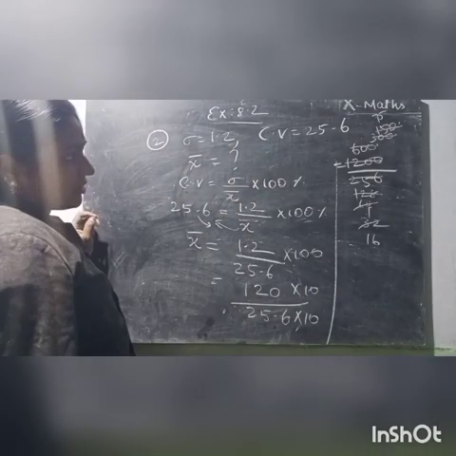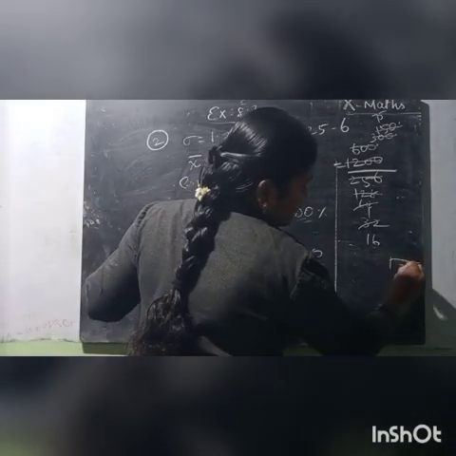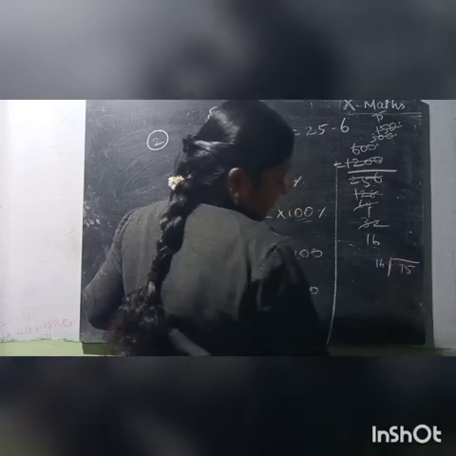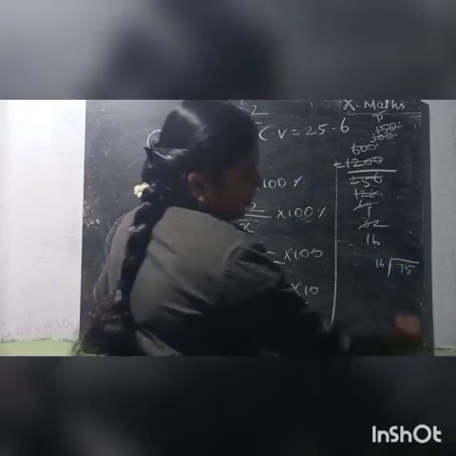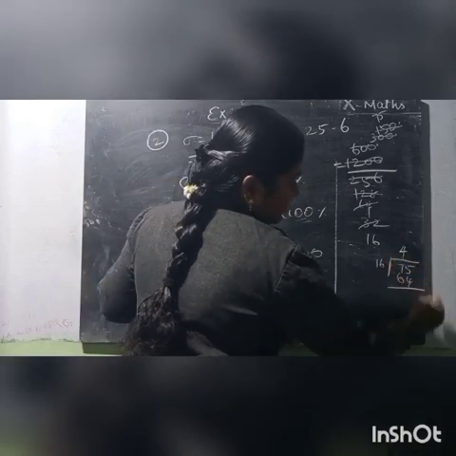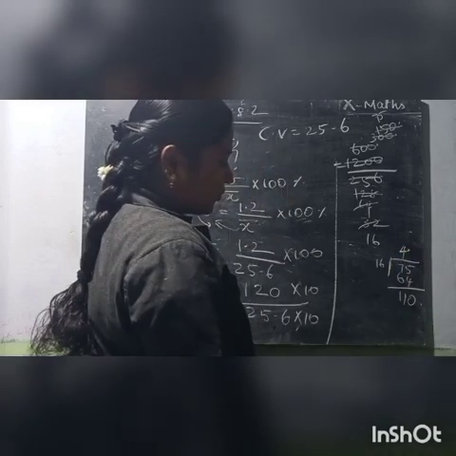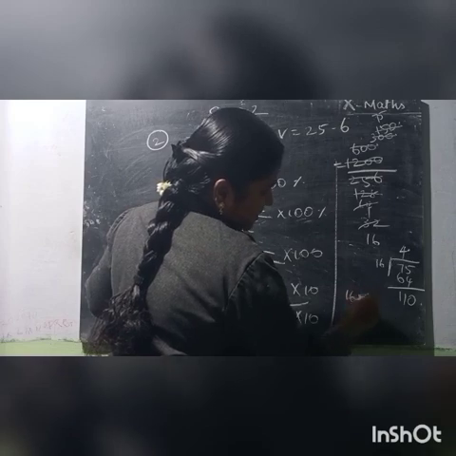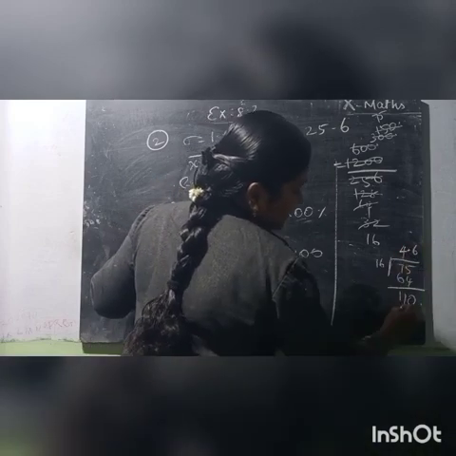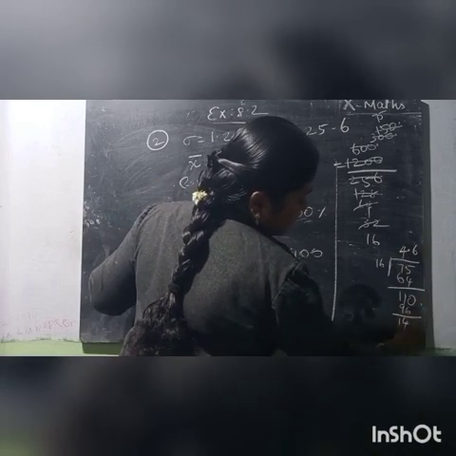So now 75 and 16. 2 times 32, 4 times 64. So balance 11. Keep decimal, then 0. 16 into 6, we will get 96. So 6 times 96, balance 14.